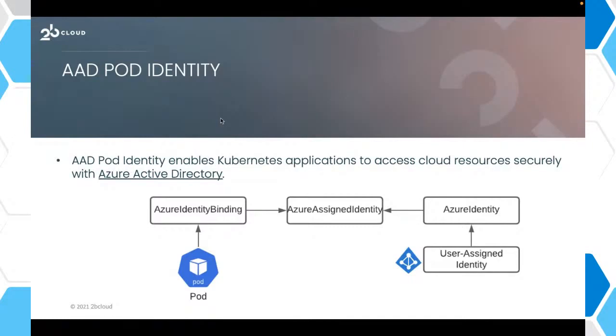And how it works, an identity is represented in Kubernetes as an Azure identity. It's a CRD, custom resource definition on Kubernetes. The labels on the pods are used to indicate the association to cloud identities. These associations are represented by Azure Identity Binding CRD, as we can see here.